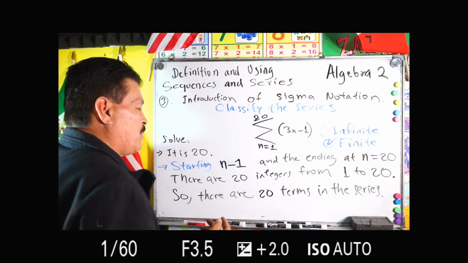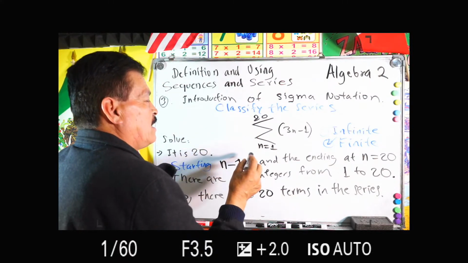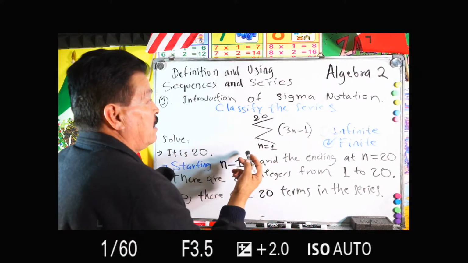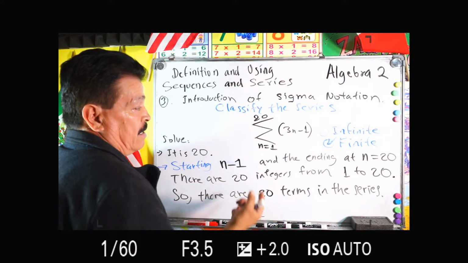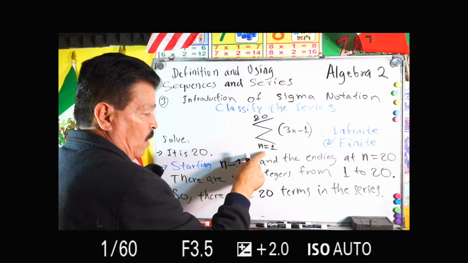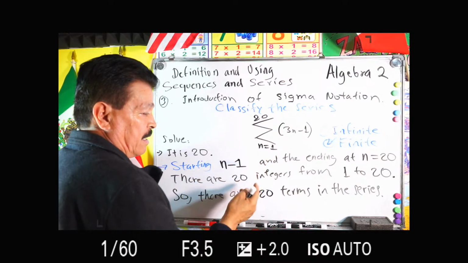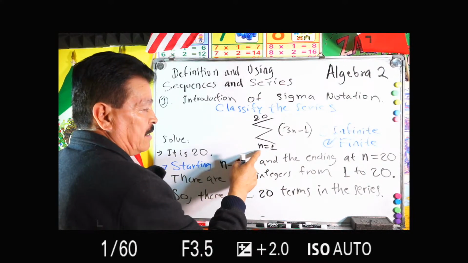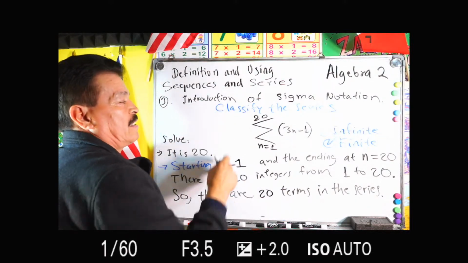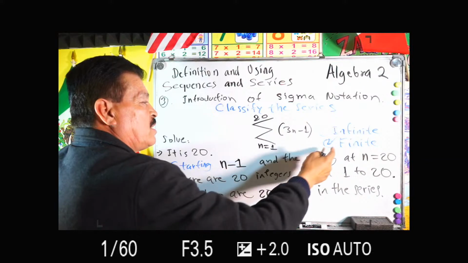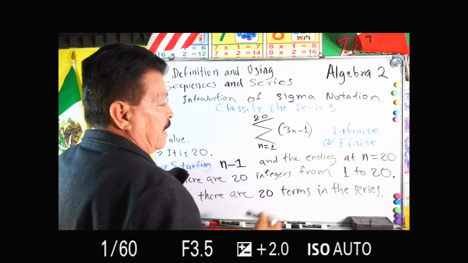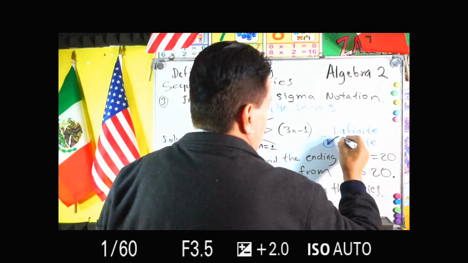A lot of times you will see these signs, and students sometimes don't know what they mean. In series or sequences, we need to understand this sign. This low index means the series starts right here, and the upper number means where it finishes. When you have a specific number, the series is finite; sometimes the notation is infinite. In this problem, since we have 20 right there, it's finite.